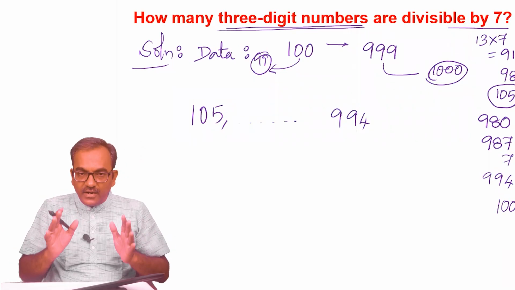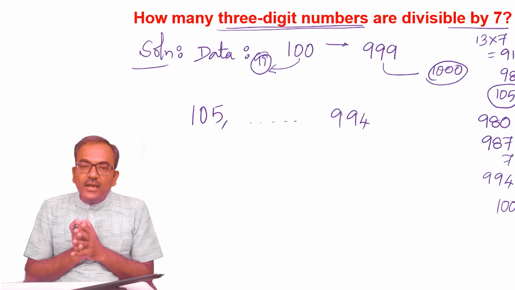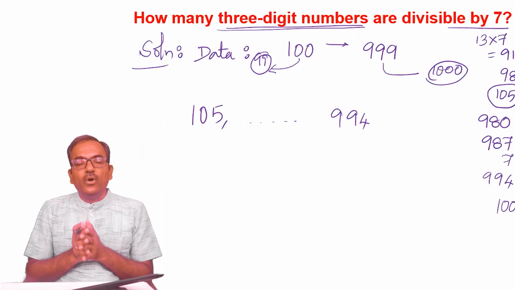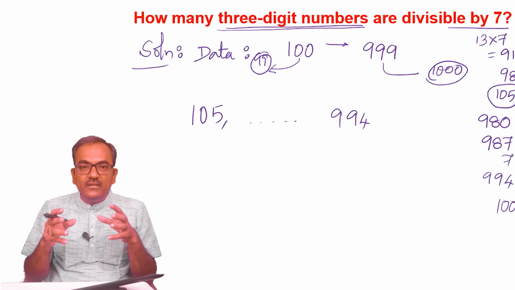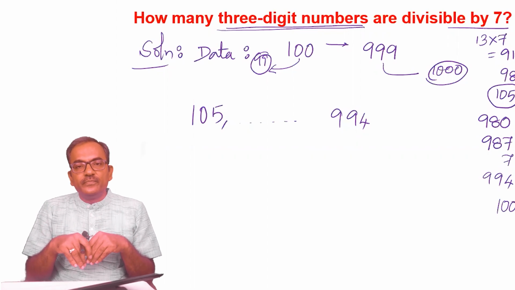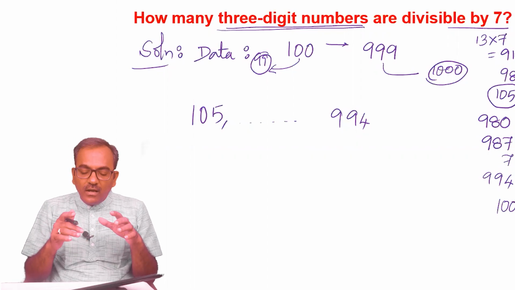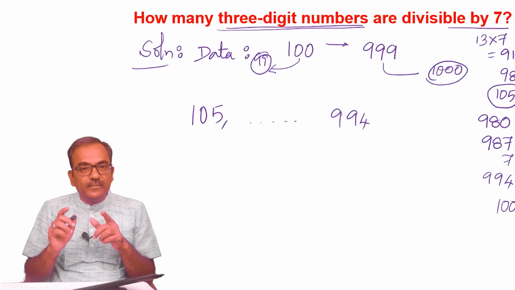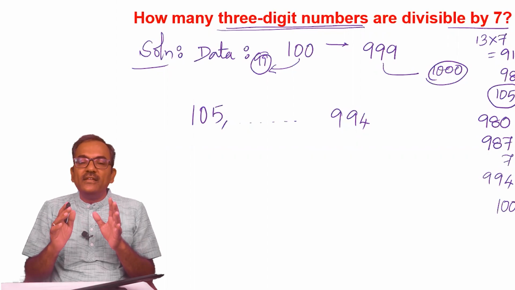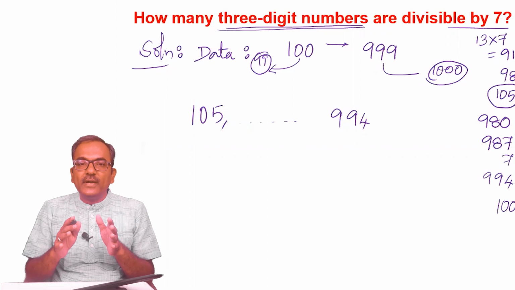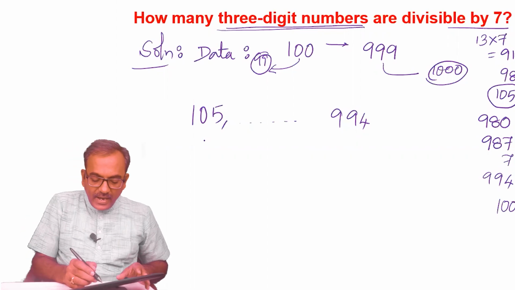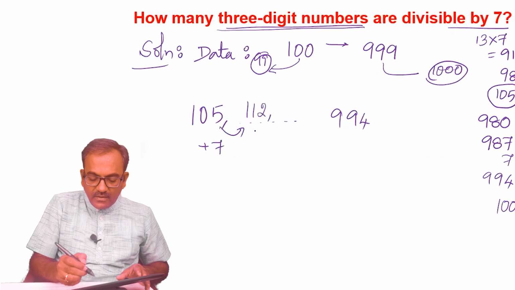Alas, we got 105 as the first number and 994 as the last number. What about the numbers which are in between these two ends? It is very clear that all the numbers are multiples of 7. Therefore, you can keep adding 7 to the first number to get the next number. I add plus 7 to it to obtain 112.